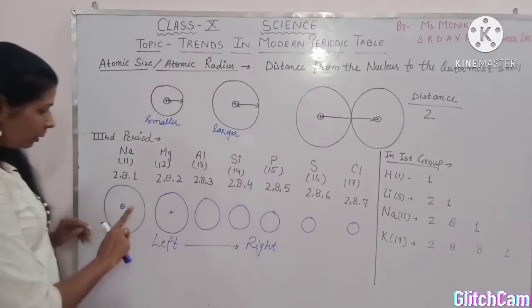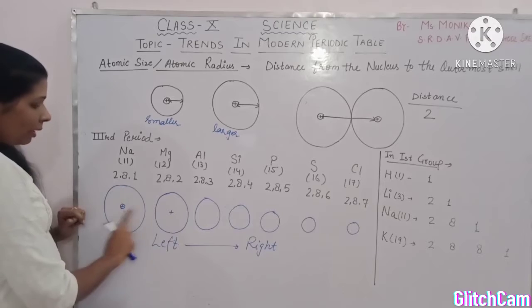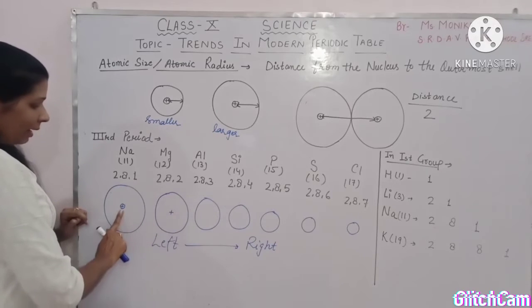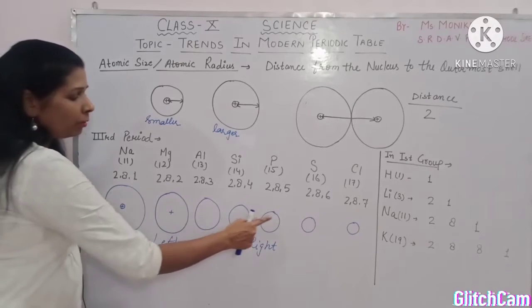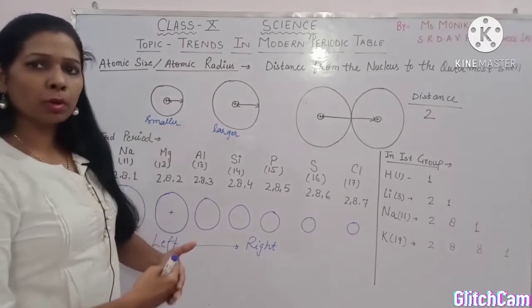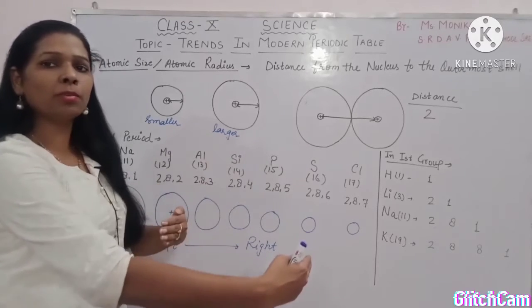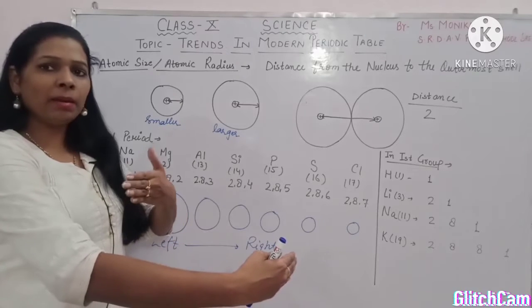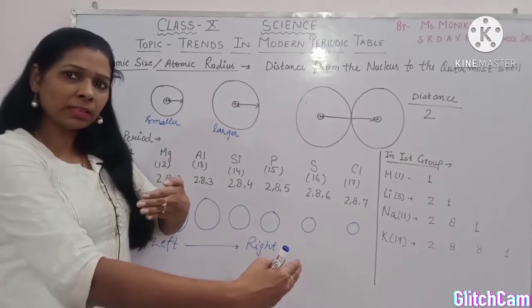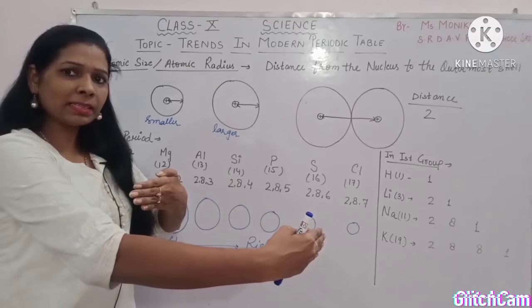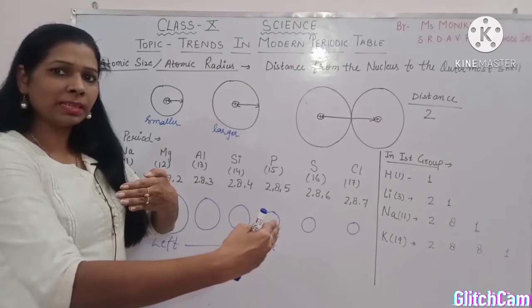So what happens when nuclear charge increases like 11, 12, 13, 14, 15, then the force of attraction through the nucleus on the outermost electron also increases, and because the nucleus increases the force, it pulls the outermost shell towards itself.